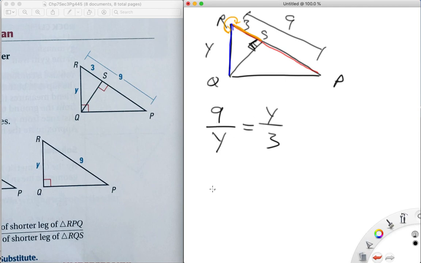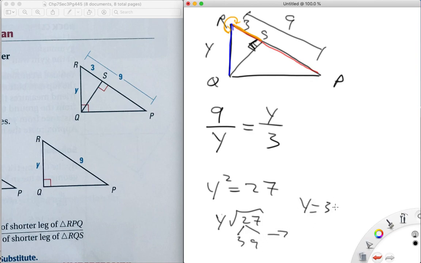Then I solve for y. So y squared equals 3 times 9, which is 27. So y equals the square root of 27. I could pull out a 3 and a 9. So y equals 3 times the square root of 3.